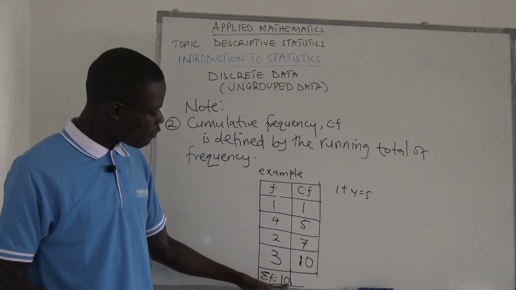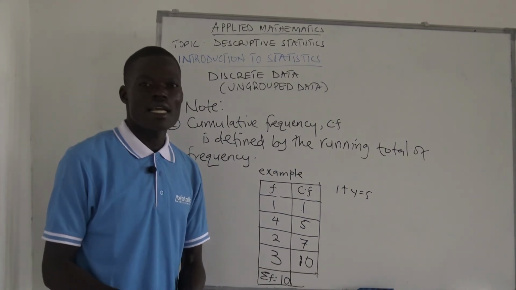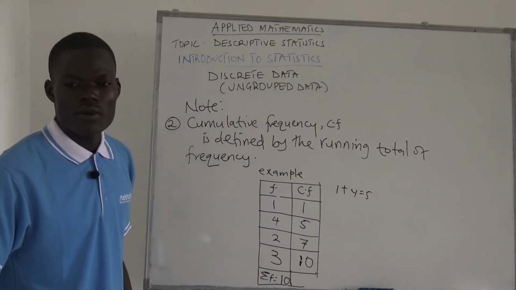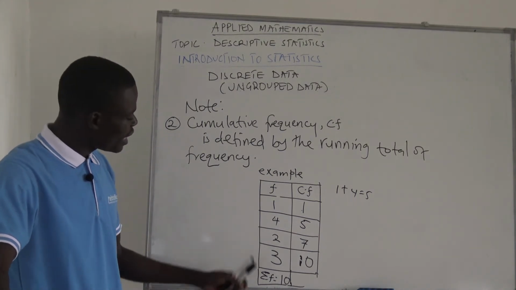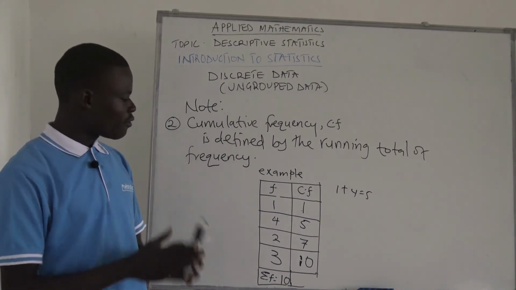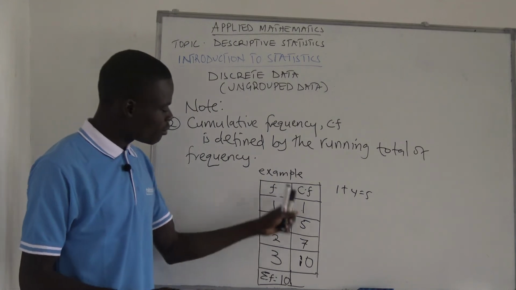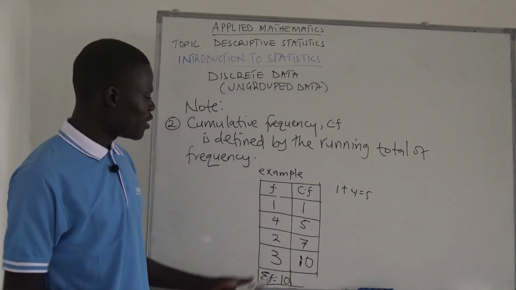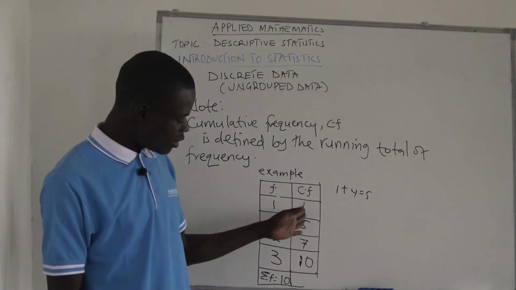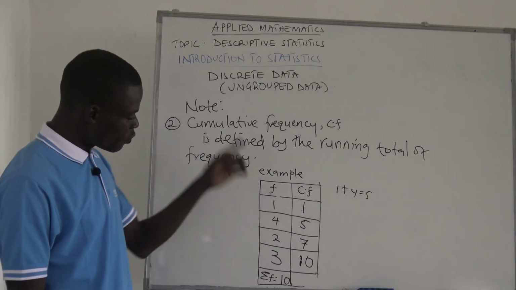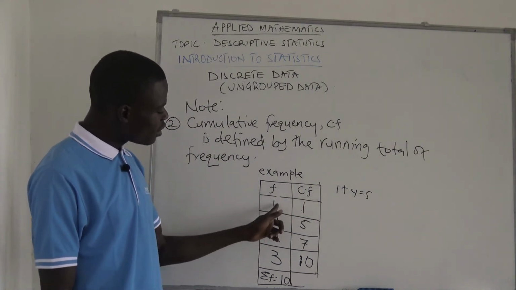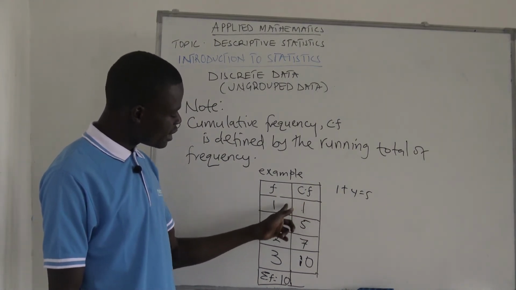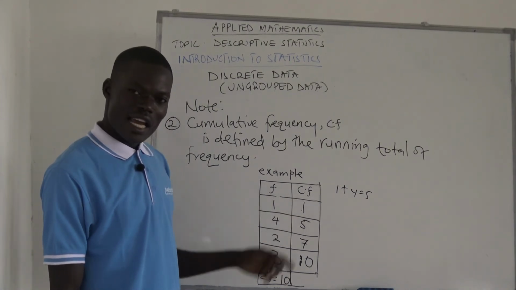Summation of f must equal the last cumulative frequency. If you don't get that, then there is something wrong. You need to be conscious when dealing with cumulative frequency. If you don't use the first frequency as the first cumulative frequency, then you are wrong.